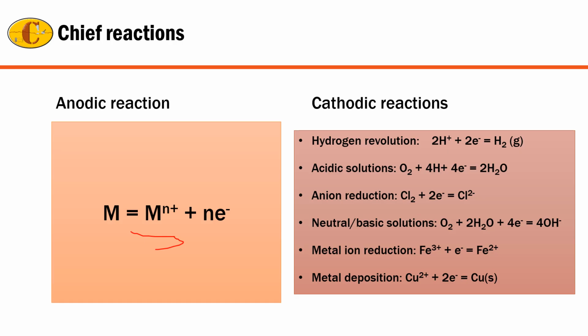If it is acid plus dissolved oxygen, you will have the formation of water as well. If it has a chloride medium, such as in the marine environment, you can have chloride formation. So these kinds of reactions will depend, and sometimes you can have two or more reactions occurring as well.